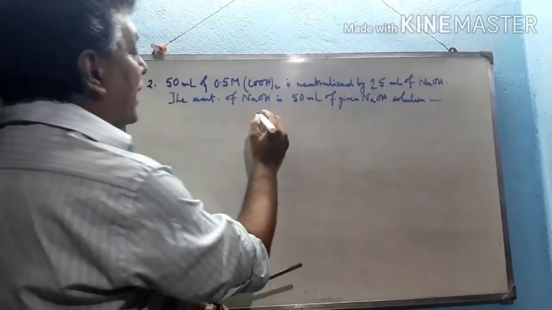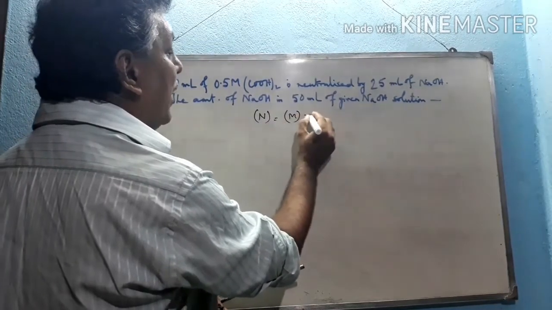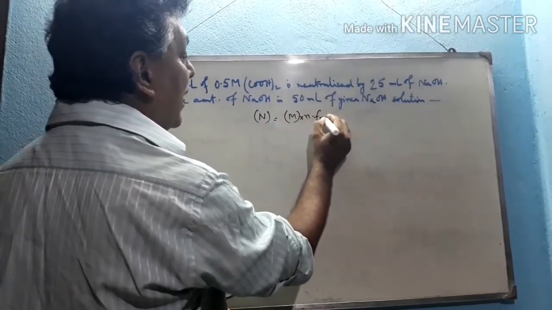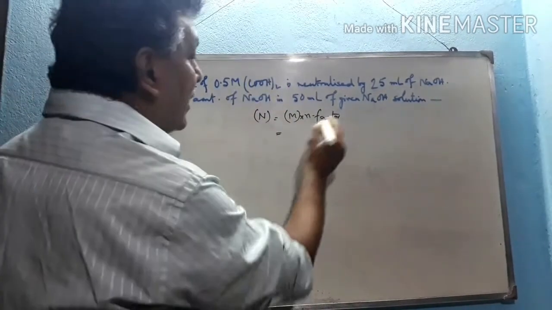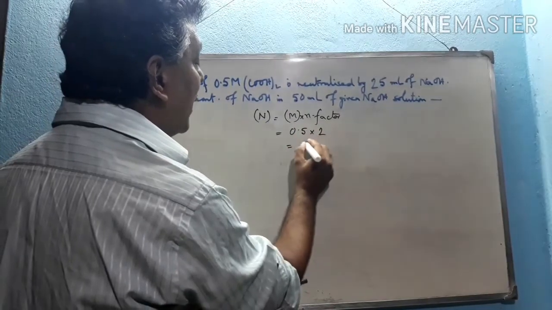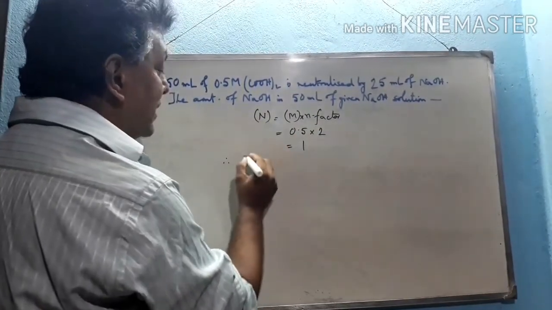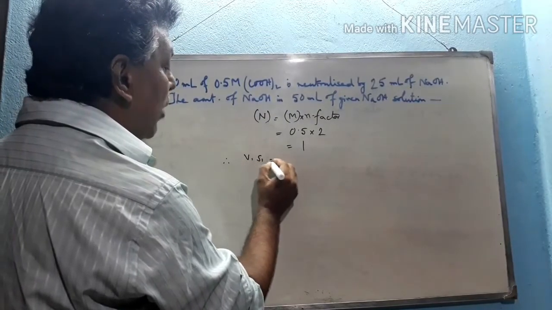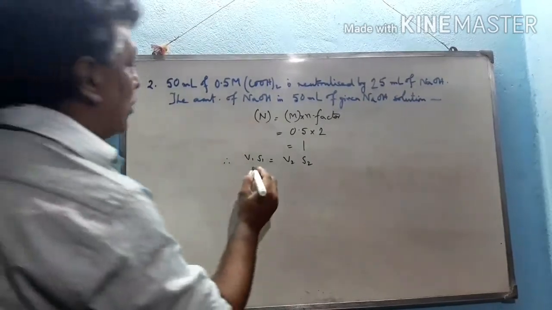We know that normality equals molarity into n factor, and here for oxalic acid, as it is a dibasic acid, the n factor is 2. So 0.5 into 2, this is the normality, that means a one normal solution. For an acid-base neutralization reaction, we know that V1S1 equals V2S2. We have to find the strength of the given NaOH solution.